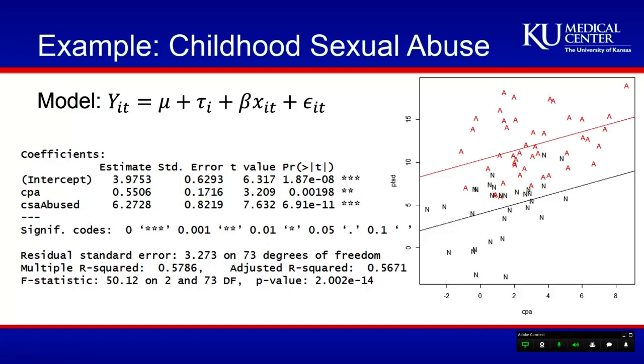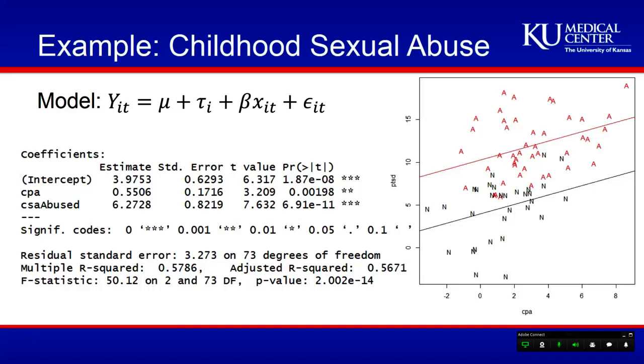So having the ability to have equal slopes simplifies how I would describe the impact of sexual abuse, because it turns out, if this model is appropriate, I can talk about that without even having to frame it in terms of the level of physical abuse that these individuals are suffering. Regardless of the level, if I have two individuals who have similar pasts with physical abuse, I can describe their differences in PTSD for sexual abuse versus non-sexual abuse using the 6.2728.